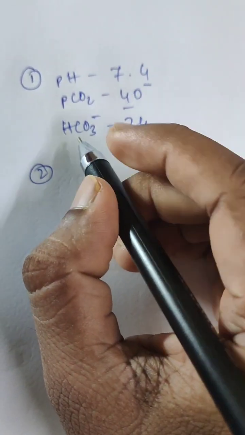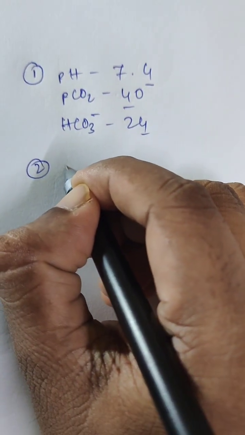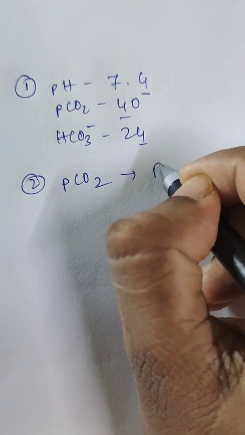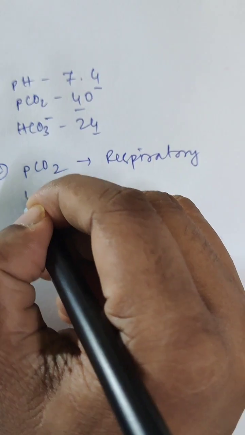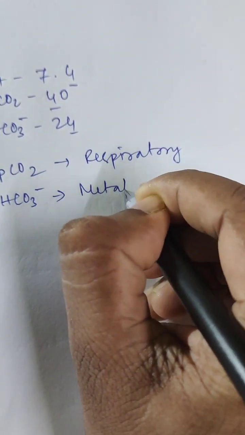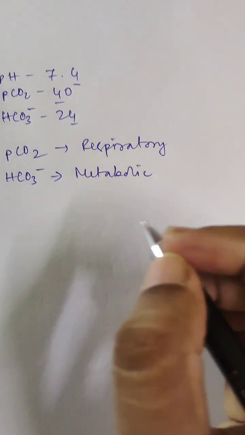Second thing is that if any primary problem is with PCO2, then it will be called respiratory, as carbon dioxide is handled by lungs. And any primary problem of bicarbonate will be called metabolic, as bicarbonate is handled primarily by kidneys.